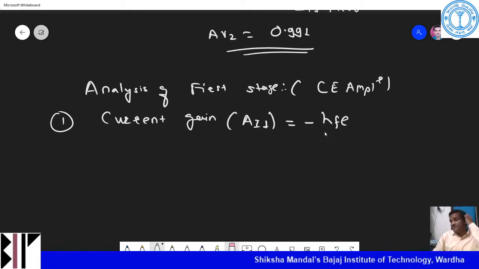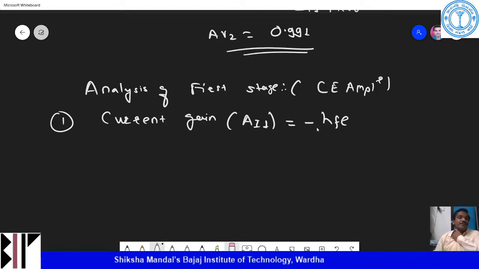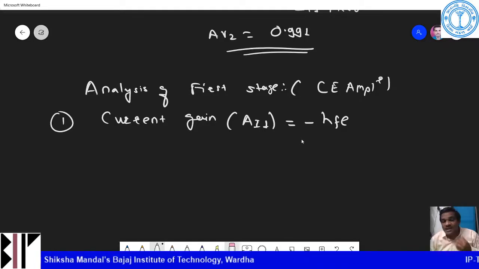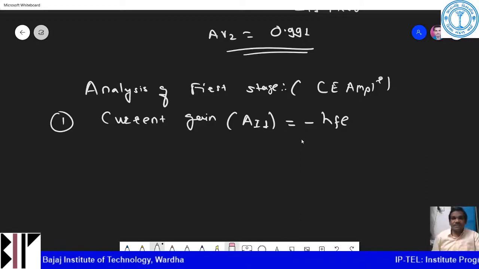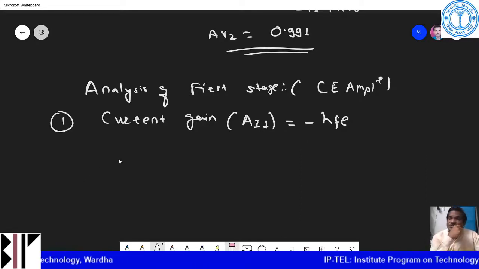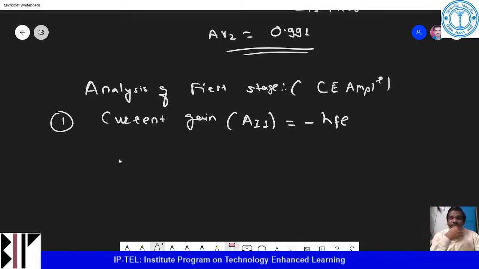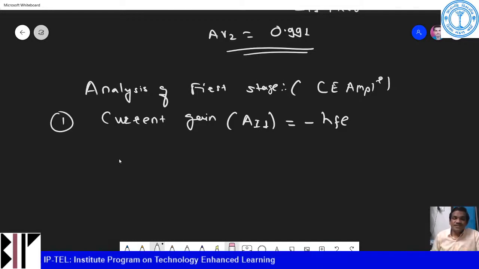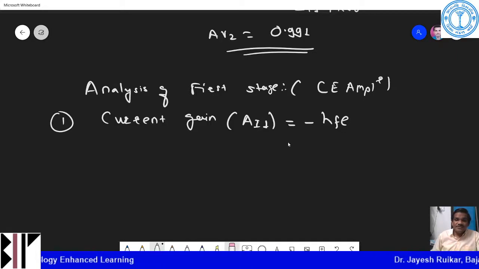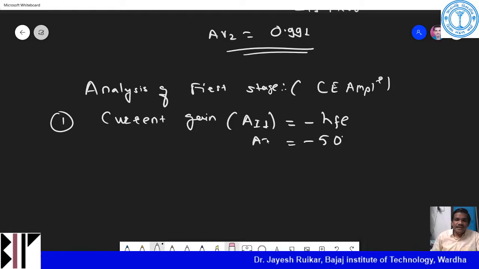See the formulas for the approximate H parameter model for common emitter, common collector, and common base. You can change them also if you know the conversion formulas for this H parameter model. So current gain is minus of HFE, that is minus of 50. This is my AI1.